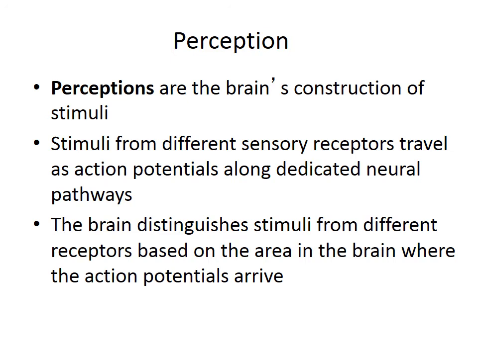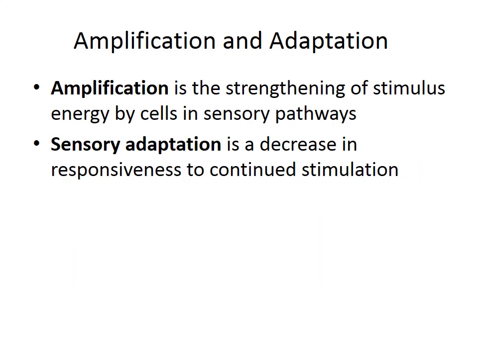Stimuli from different sensory receptors travel as action potentials along dedicated neural pathways, and the brain distinguishes stimuli from different receptors based on the area in the brain where these action potentials show up, and that's how we can tell what we are looking at. Is it something visual or auditory, or is it pain, or what?